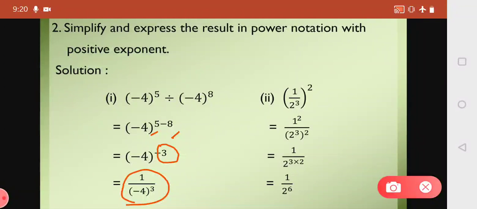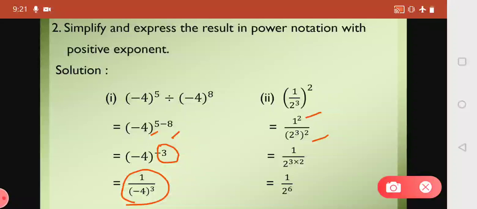Question number 2. 1 upon 2 raised to 3 whole square. Again we apply the law, a upon b whole raised to m equal to a raised to m upon b raised to m, that is equal to 1 square upon 2 raised to 3 whole square. 1 square will become 1 as it is, and 2 raised to 3 whole square.